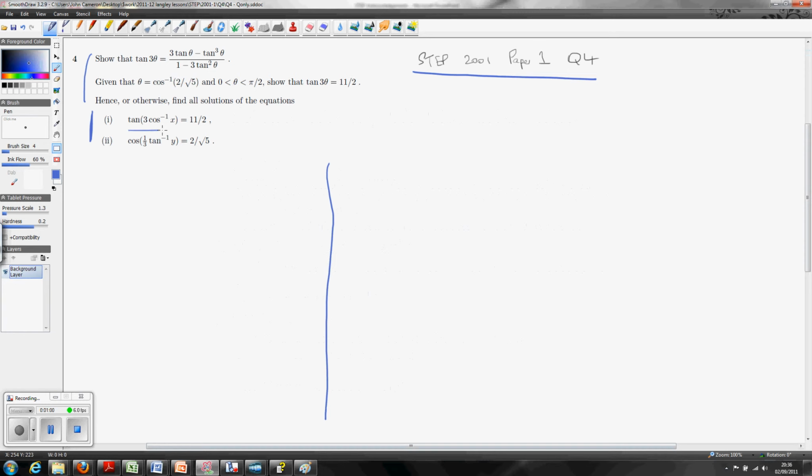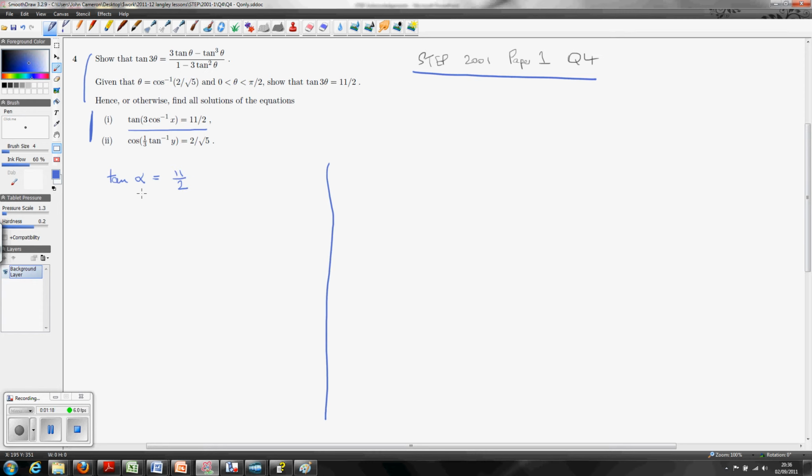Before we go into this, I would like to build up a couple of results, just to check you understand a couple of things. Supposing I know that tan alpha is equal to some number, which let's say is 11 over 2.